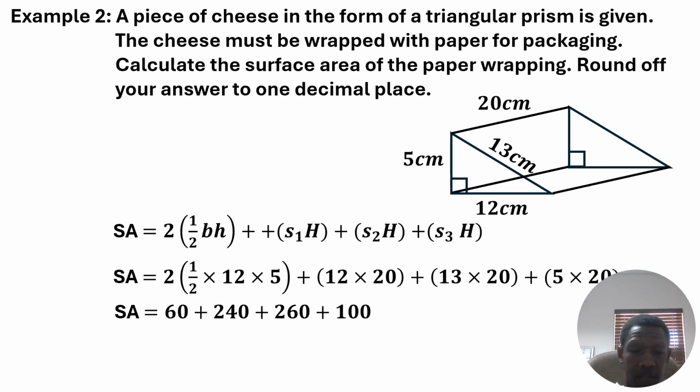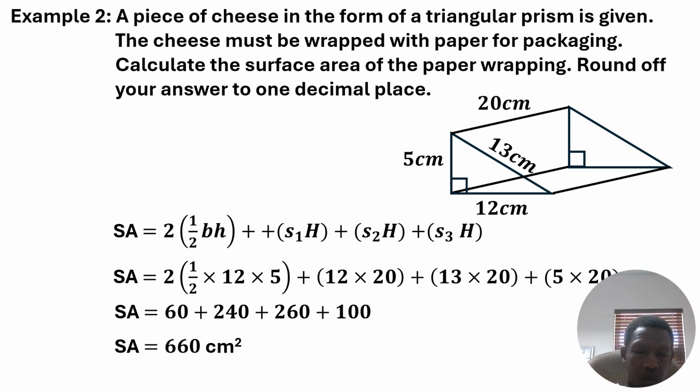In this case we have 60 after multiplying 12 by 5, then 240 after multiplying 12 by 20, then 260 after multiplying 13 by 20, and we also have 100 after multiplying 5 by 20.